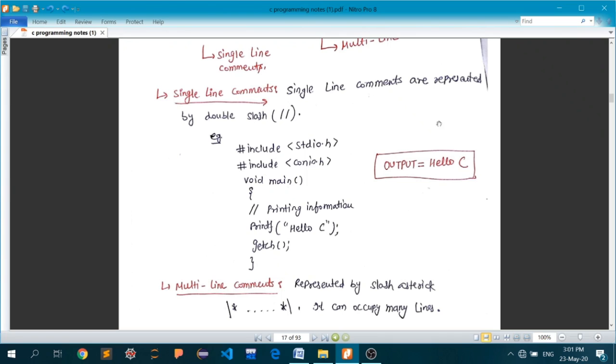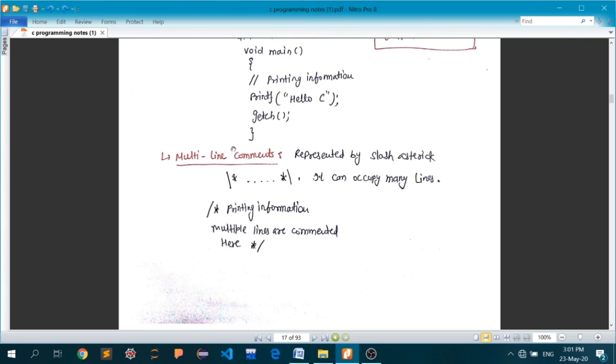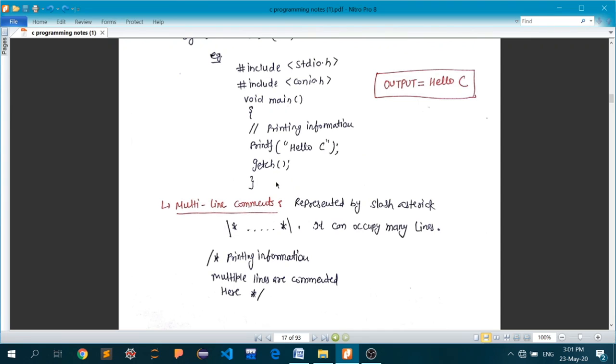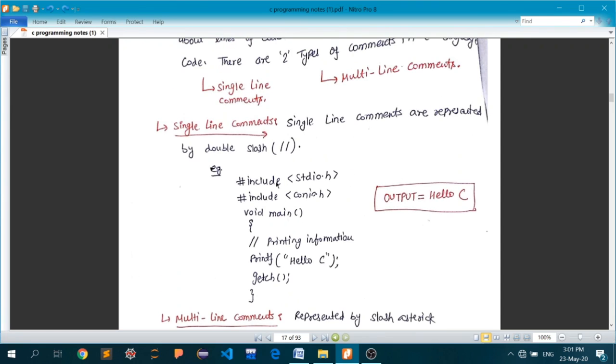So how do we put comments in the code? One method we have already seen is the multi-line comment, which starts with slash star and ends with star slash, and in between these two symbols you can insert as many lines of comment as you want. But if you want only a single line comment, all you have to do is insert two forward slashes at the beginning.